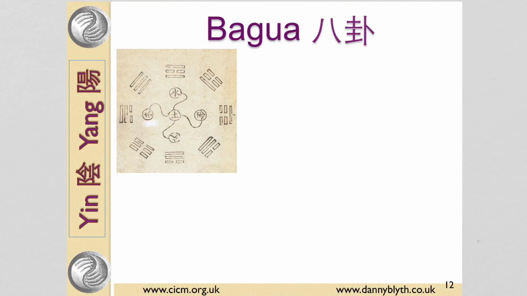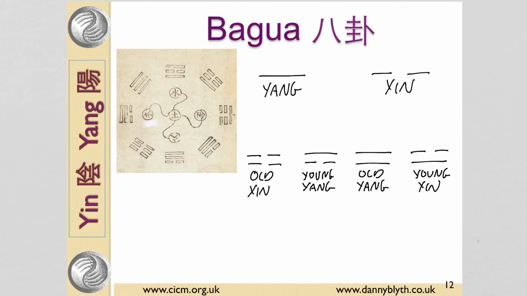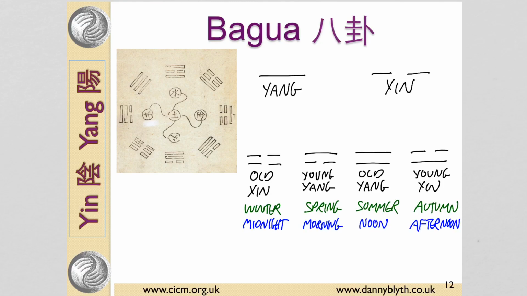And in this text, Yang was represented with a straight line and Yin with a broken line, and these combine to give us old and young Yin and Yang, which we can see represented in the seasons and the cycle of a day. Each of these can be combined with a yin or a yang line to give us the bagua.